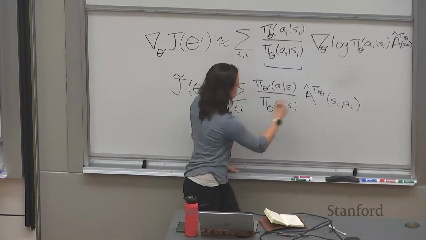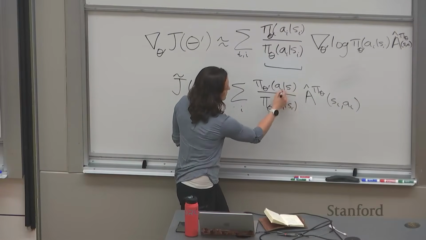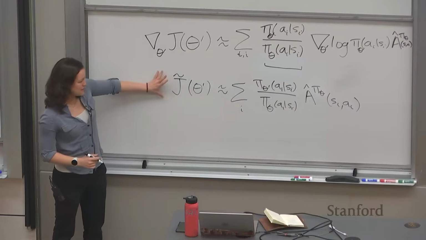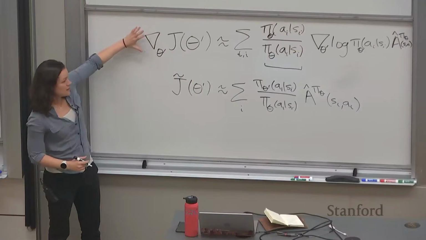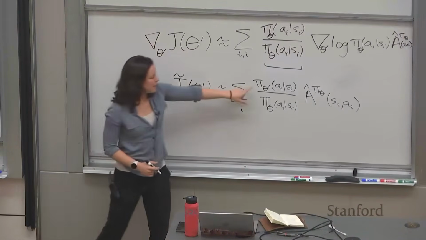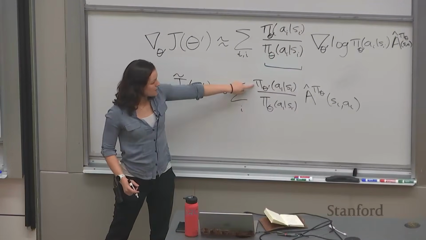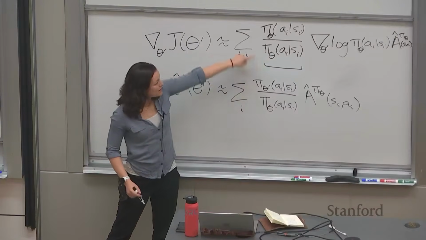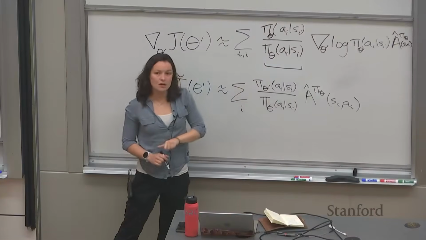This is just over i, all the examples in our batch. The gradient of this surrogate objective is equal to this right here. If we take the gradient of this with respect to theta prime, we get grad theta prime of pi, which is equal to pi theta prime times grad log pi theta prime.